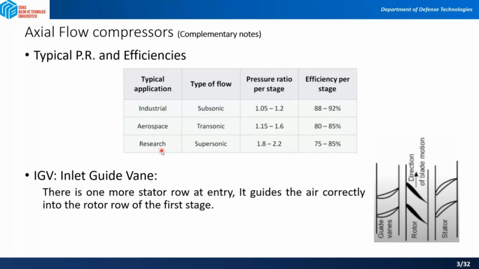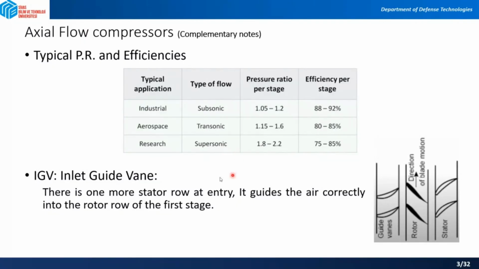And in research applications, we're having supersonic flows with much higher pressure ratio and again lower efficiencies. And these lower efficiencies are almost because of the losses that occur in the supersonic flow regime.